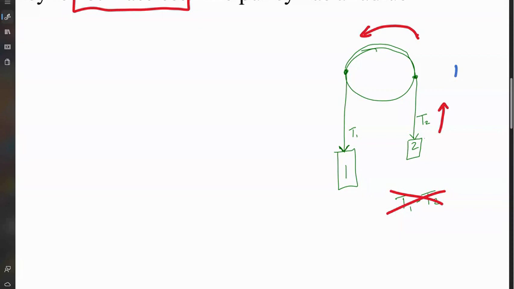Tension 2 is responsible for holding onto mass 2 and accelerating mass 2.